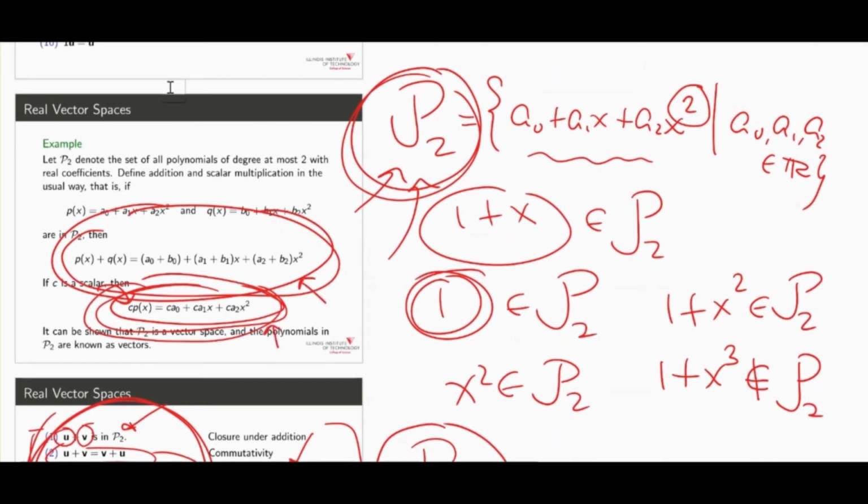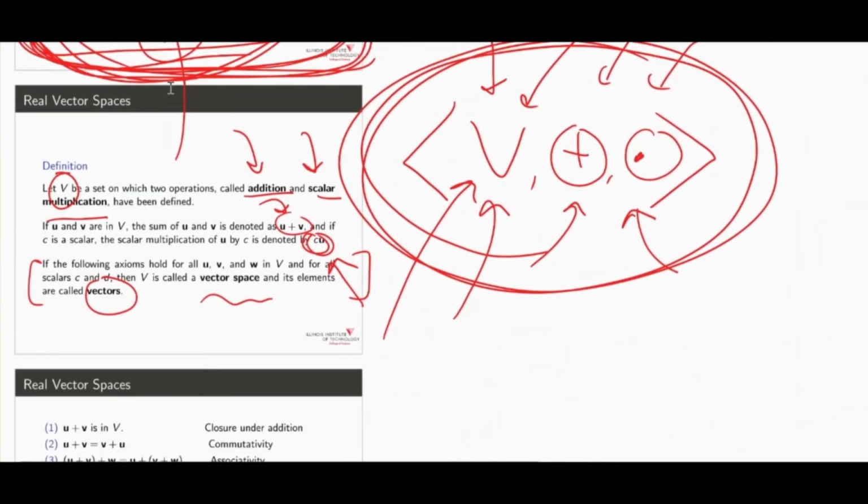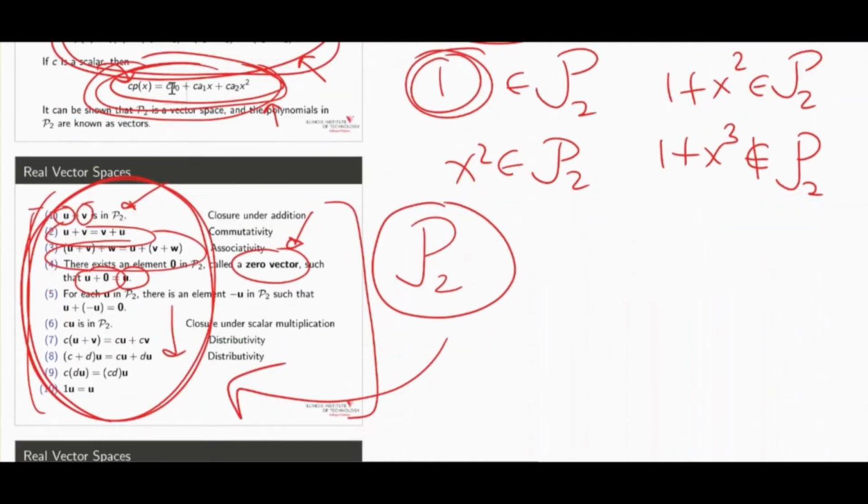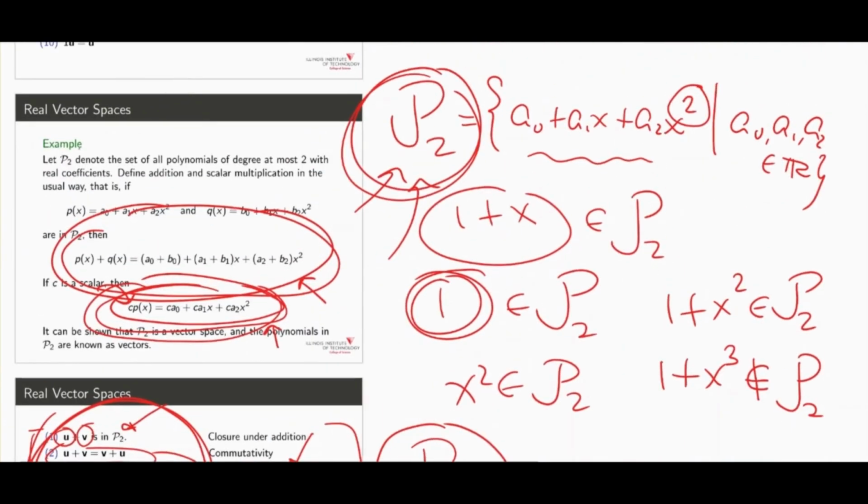Which means, by this definition, this set right here together with these 2 operations is basically like the vectors that we know in R2, in R3.